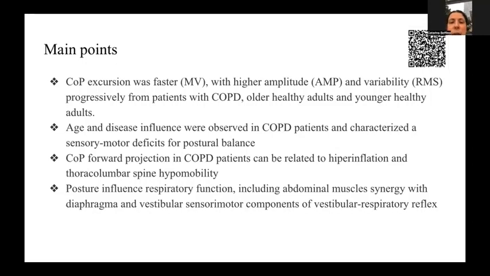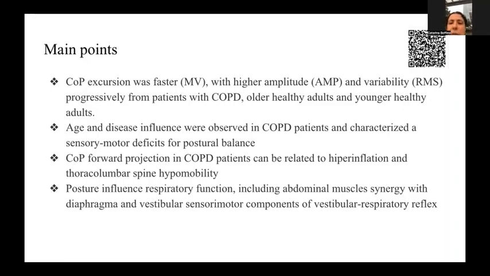that can make the functional and motor capacity of these patients more difficult, and this can lead to difficulty in the postural control of these patients. We could see also that posture influences respiratory function, including abdominal muscle synergy with the diaphragm. And this can lead to reduced respiratory and pulmonary function in these patients.